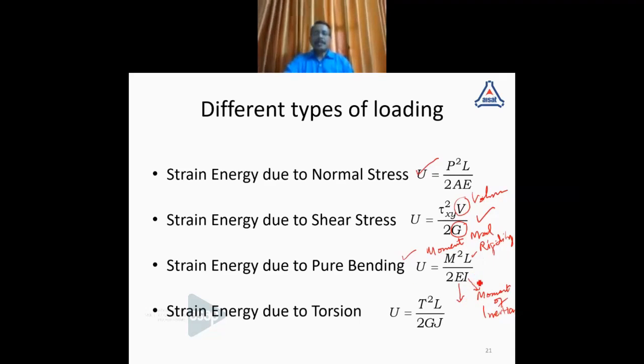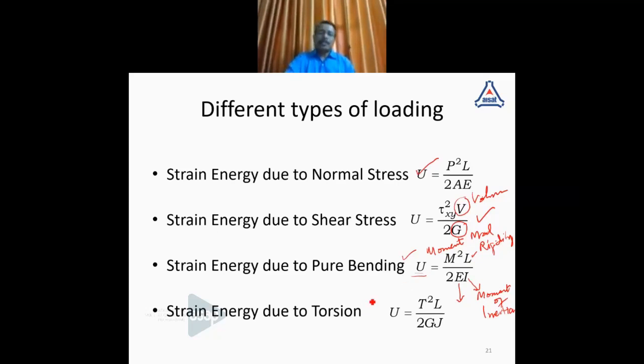EI is also familiar to you. So this expression can be used to evaluate strain energy in the case of a problem which involves only pure bending. Only a moment is applied.